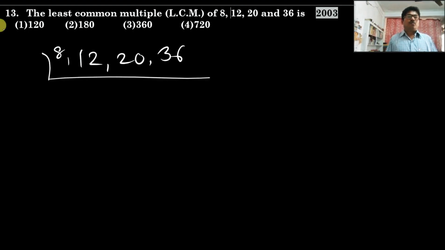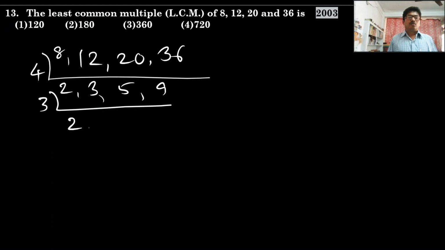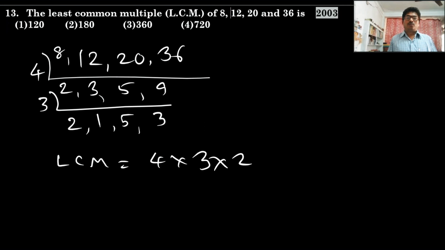First we can take the 4 table also. 4 2s are 8, 4 3s are 12, 4 5s are 20, 4 9s are 36. Next the 3 table, bring down 2, 3 1s, bring down 5, 3 3s are 9. So LCM is equal to 4 into 3 into 2 into 5 into 3.